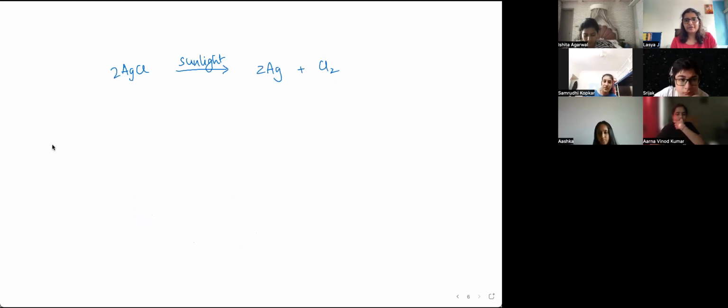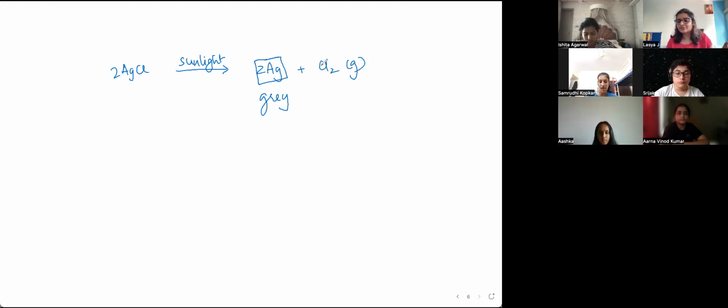Balance it. The silver that is left behind gives a gray color. Chlorine is a gas, so it'll just escape out. So that's not the reason for any color here. But this is one of the reactions that you should know. Example of photochemical decomposition. There's also the photography reaction.